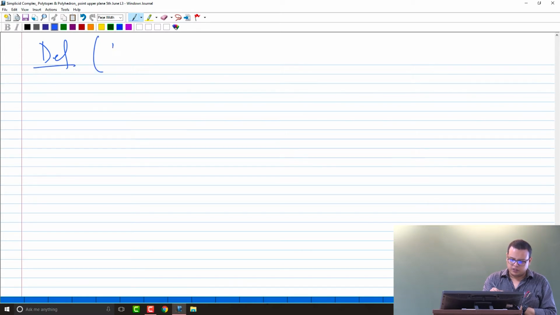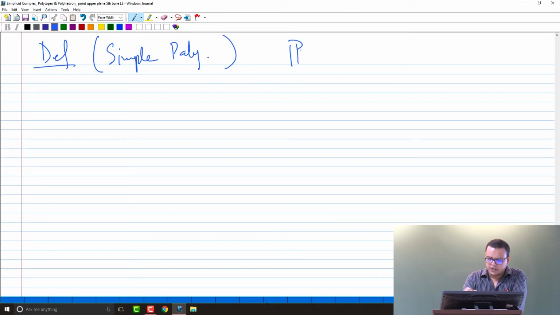This is the notion of what is called a simple polyhedron. What are simple polyhedra? A polyhedron will be represented, as I said, as an intersection of half spaces. If the corresponding hyperplanes Hi are in general position, this polyhedron is a simple polyhedron.